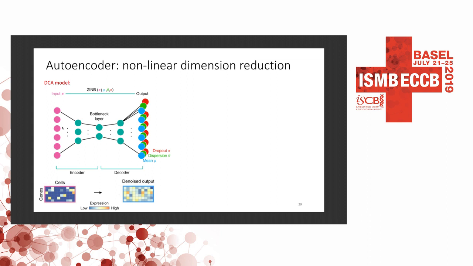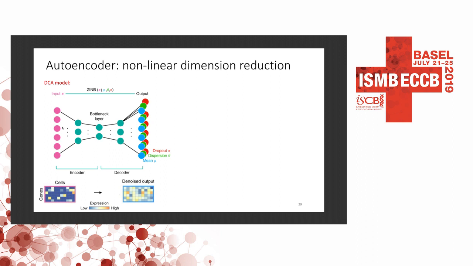The layers are colored in different colors, and for your input, these different circles are different features. This may be like 6 different genes, and your cells are the samples. When you're using PCA, you project your high dimensional space to a low dimensional space and project it back.